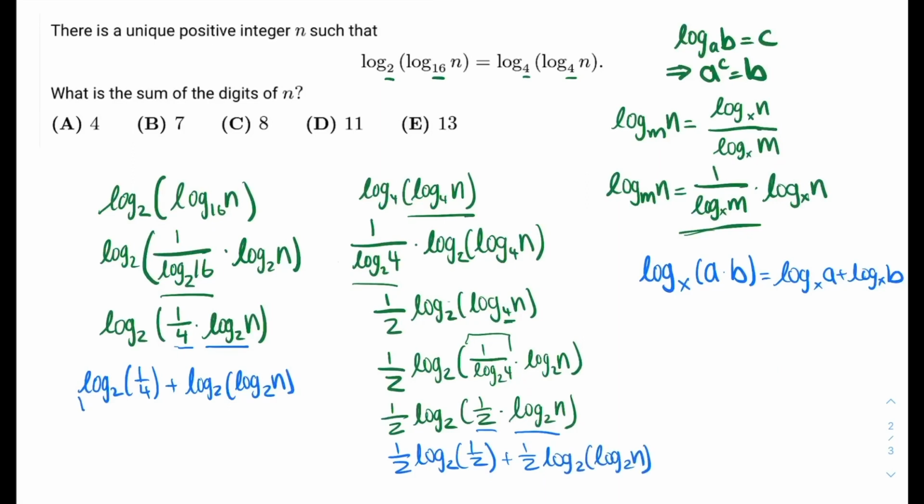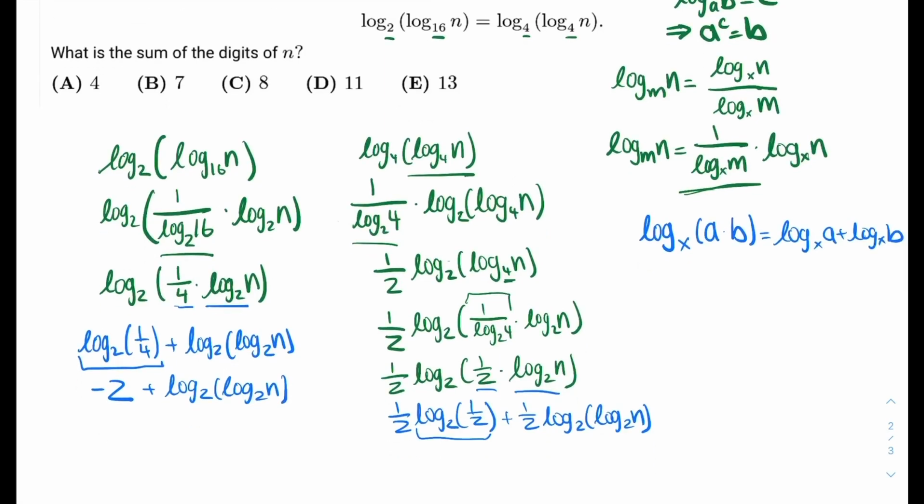Log base 2 of 1/4 should be fairly obvious again because 2 to the power of negative 2 is the same thing as 1 divided by 2 to the power of 2, which is a fourth, which is how we know that. So this is just negative 2 plus log base 2 log base 2n.